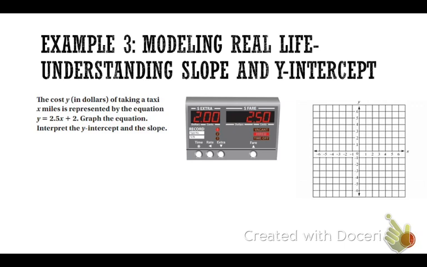They want us to graph the equation and then interpret the y-intercept and the slope. So from this equation, I want you to tell me what M equals and what B equals, and set up your graph. And then we'll do the interpretation.